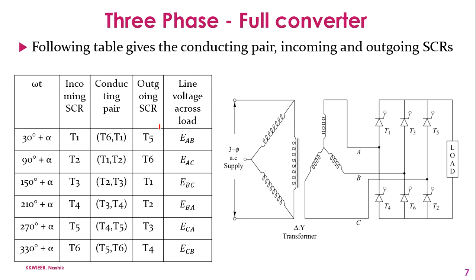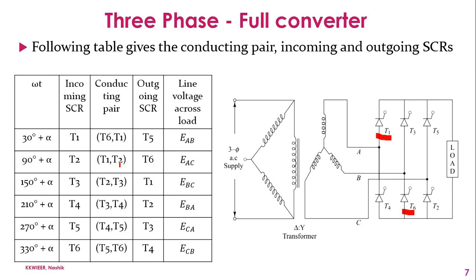I have kept this circuit diagram on the same slide so that we can see it comparatively. If the conducting pair is T6 and T1, then T1 is connected to the line voltage A and T6 is connected to B. So the line voltage across this T1 T6 conducting pair will be EAB.